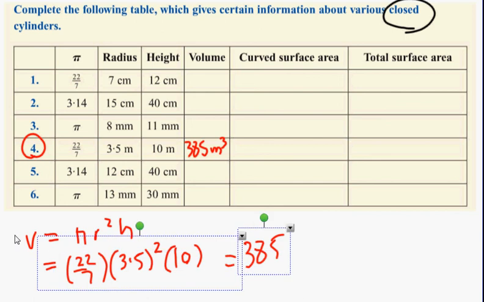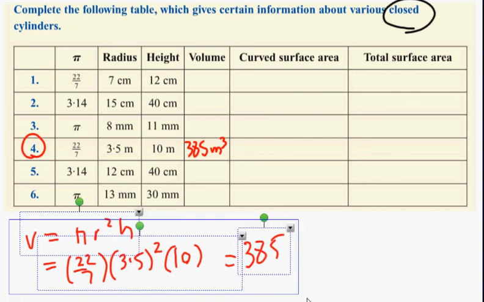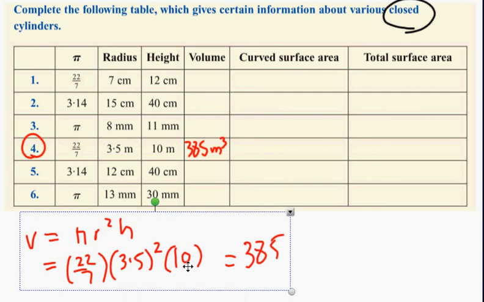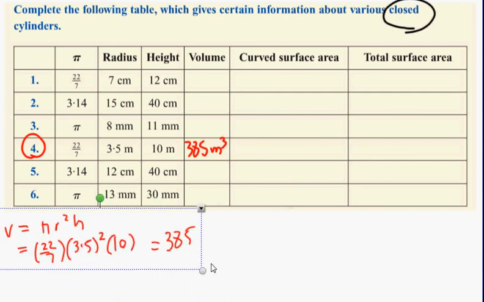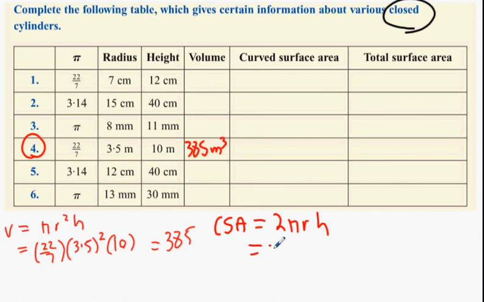Next thing it wants from me is the curved surface area. So just bring that over here, reduce it. Now, CSA, that's in your notes as 2 pi r h: 2 times 22/7 for pi, times your radius of 3.5, times your height of 10.